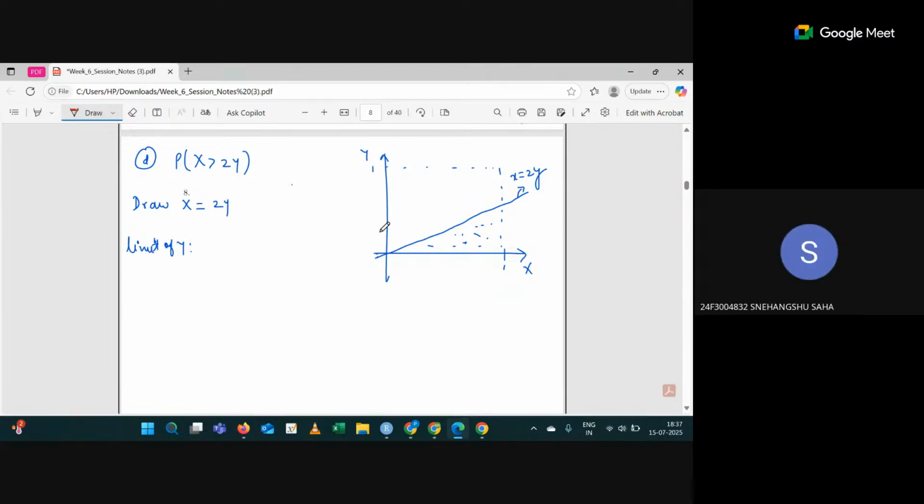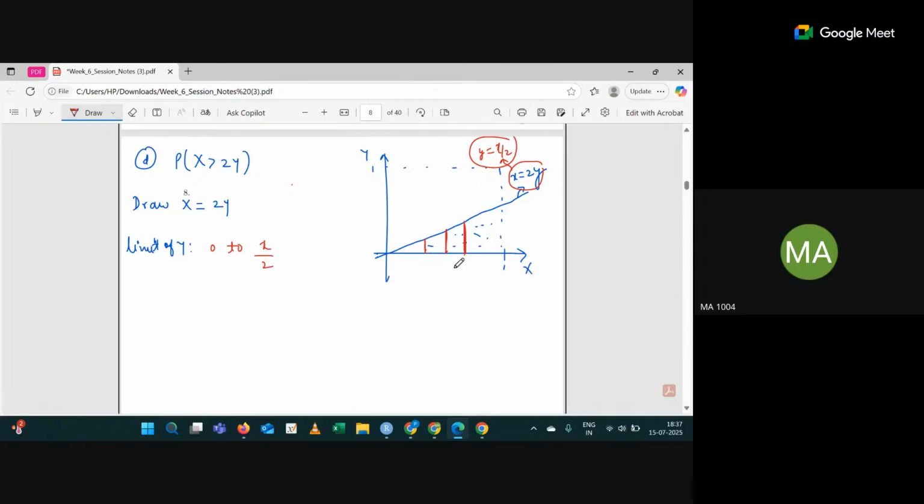Parallel to the y-axis, right? If I draw a line parallel to the y-axis, what is the limit of y here? It is going from 0 to x by 2. Here x equal to 2y, so the value of y is x by 2. So the limit of y will be 0 to x by 2.